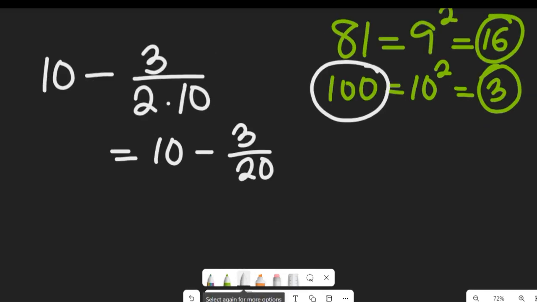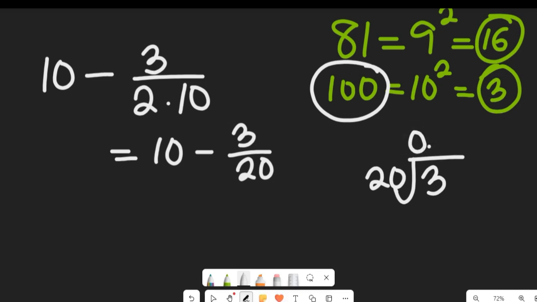So this expression is going to give us 3 inside, right, and 20 outside. 3 divided by 20 is not possible. We'll have a 0 point, right? And then we'll put a 0 here. 30 divided by 20 is going to give us a 1, right? 20 times 1 is going to give us 20. So if we subtract this, we'll have this become 10, right?